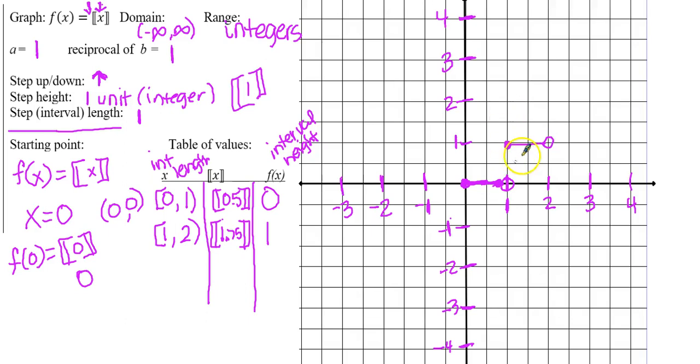This graph isn't going to change. So hop up 1 whole unit, fill it in, stretch it out, and then open it up after the unit. Do 1 more, step it up 1, fill it in, stretch it out for 1 whole unit, and then open it up. And it would continue, and mine's going to continue off of my graph.